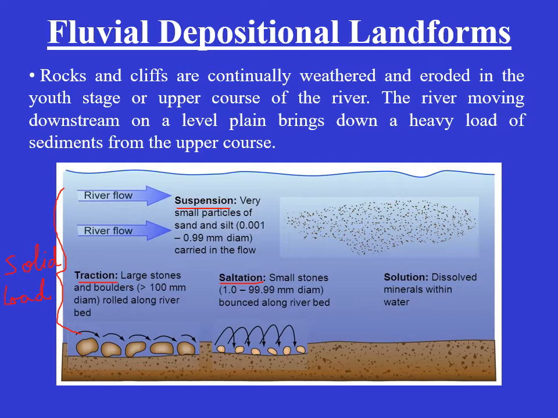So if I try to divide the entire material carried by a river, it will be of two types. One is the solid load, another is the solution load. Among solid load, there are three types. The first one is the bed load, where a sedimentary grain moves in contact with the bottom surface, and in this type the grain remains always in contact with the bottom surface.